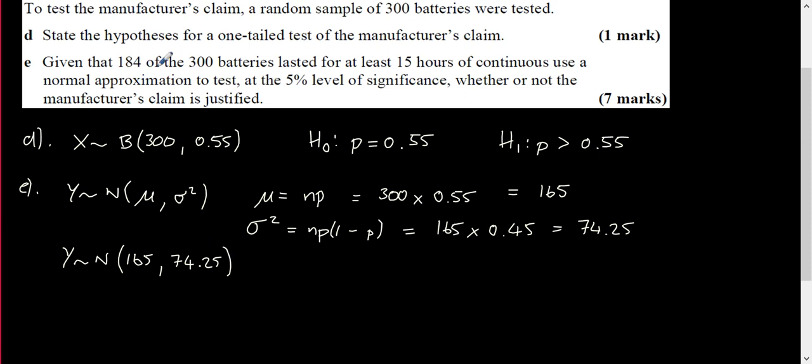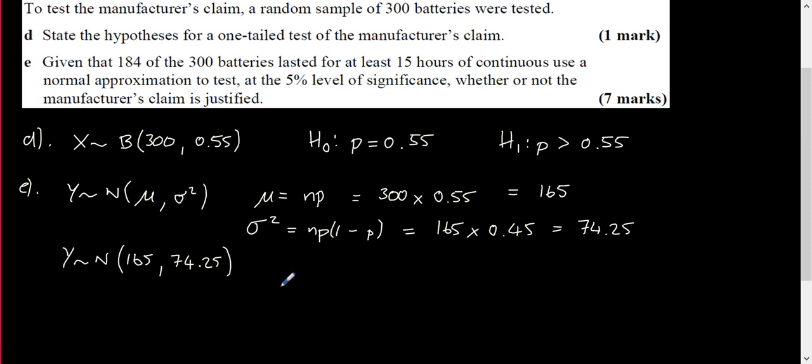So it says given that 184 lasted at least 15 hours of continuous use, right? So 184 out of the 300 batteries is more than you would expect, okay? You would expect 165. Our alternate hypothesis represents this greater than here, right? Those two are completely linked.